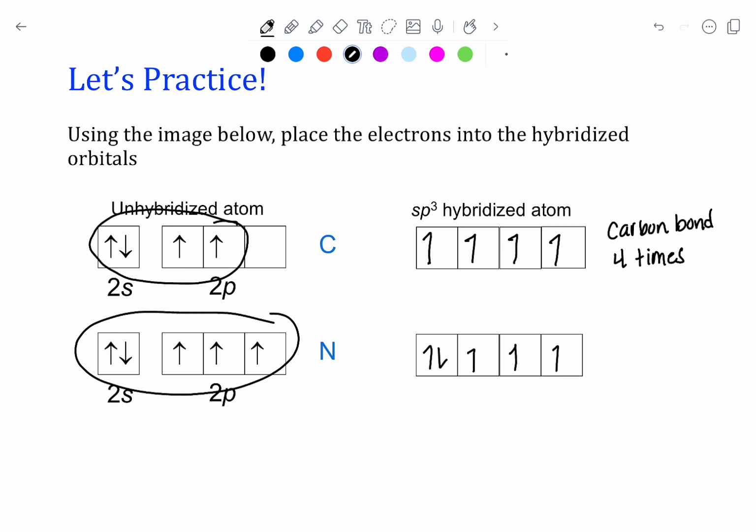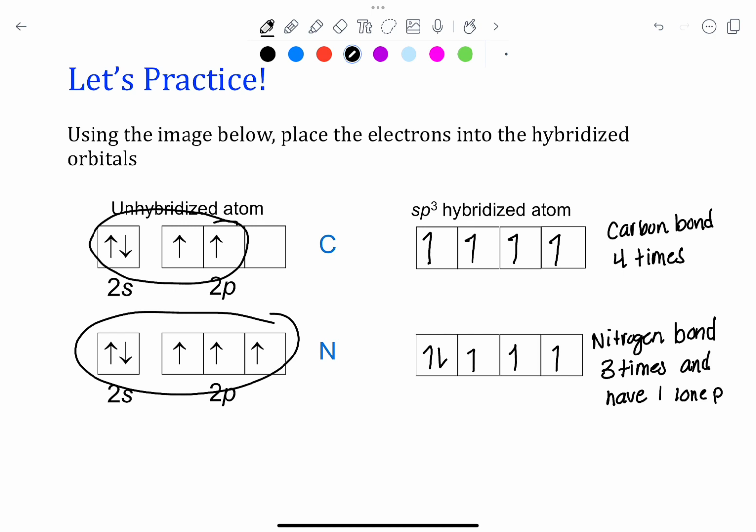So my 5th electron is going to pair up in one of those hybrid orbitals. This hybrid orbital diagram for nitrogen shows that nitrogen will bond 3 times and have 1 lone pair. The lone pair is right there.